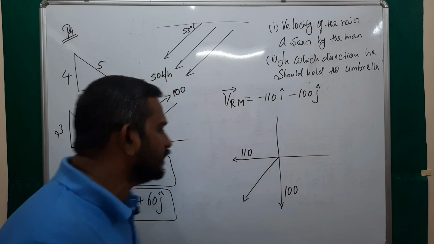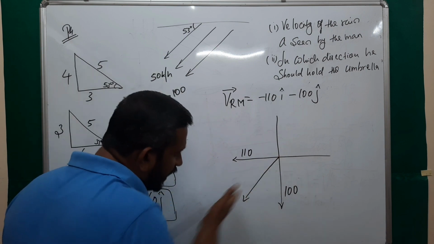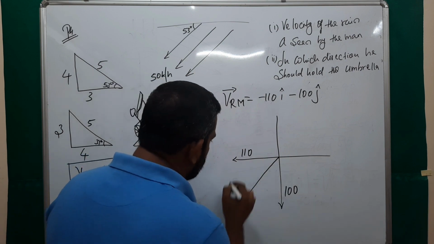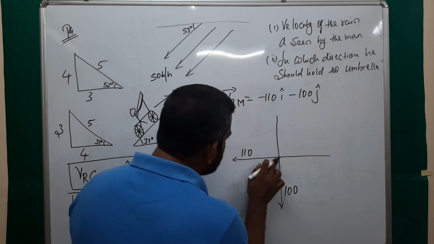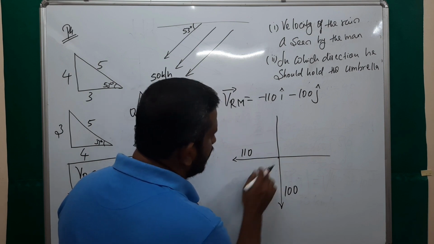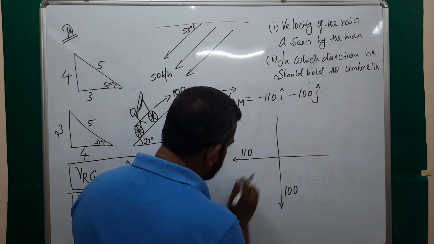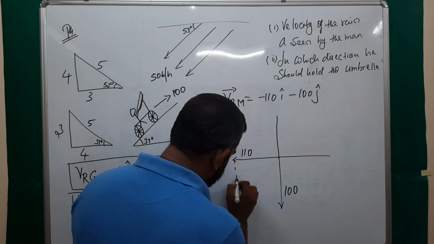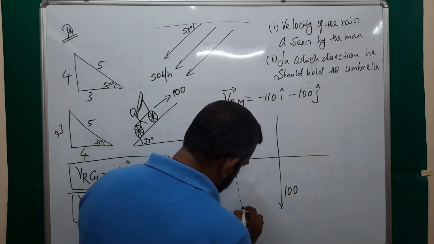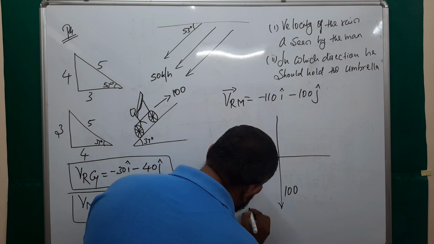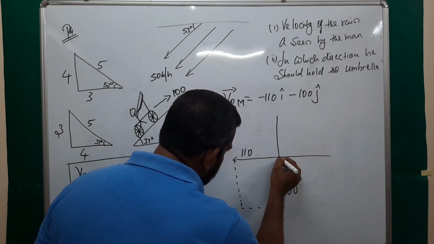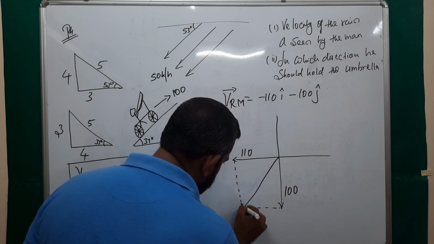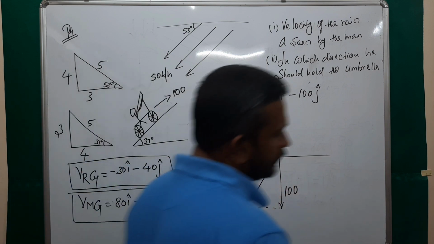According to the parallelogram law of vectors, since both vectors act at 90 degrees, the resultant is acting in this direction.